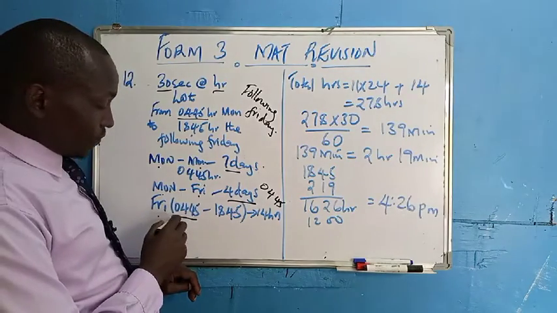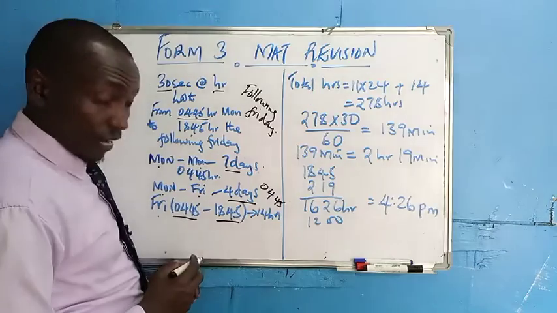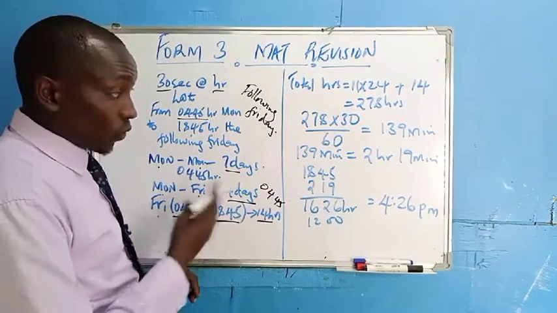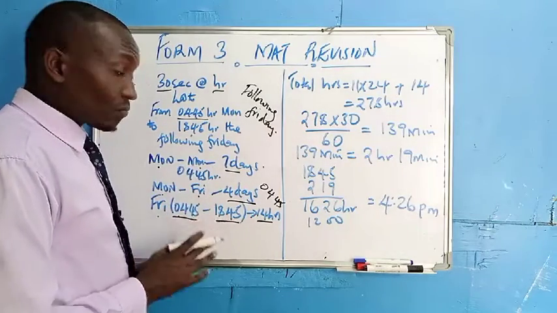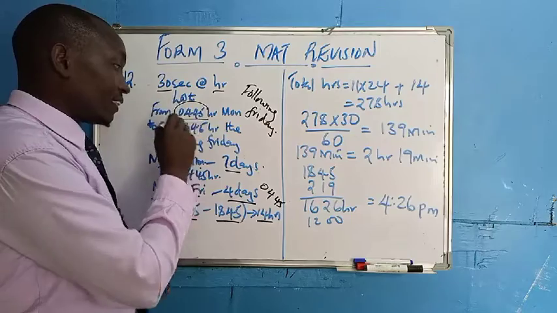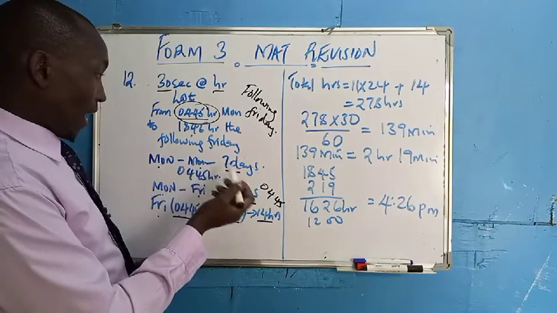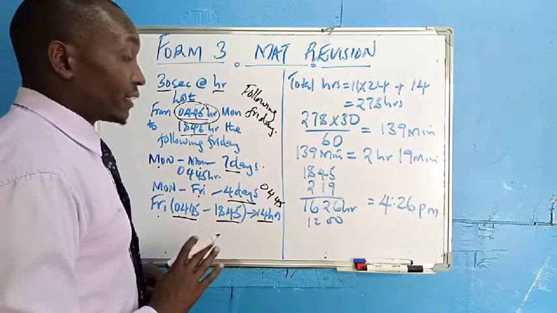From Friday 4:45 to Friday 18:45, that is 18 minus 4, which is 14 hours. So what exactly am I trying to do? I'm trying to get the total number of hours from Monday at this time to the following Friday at 18:45. That is the mathematics there.